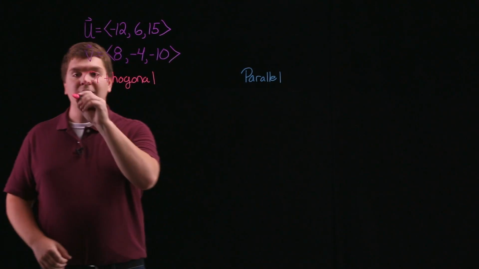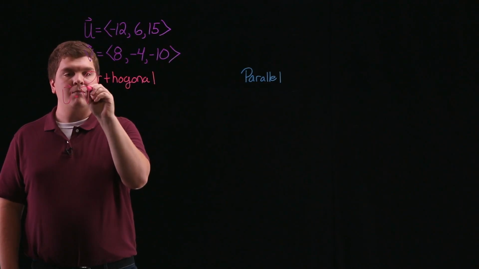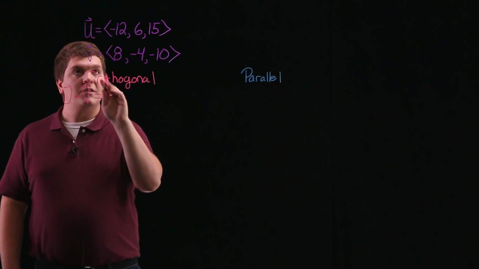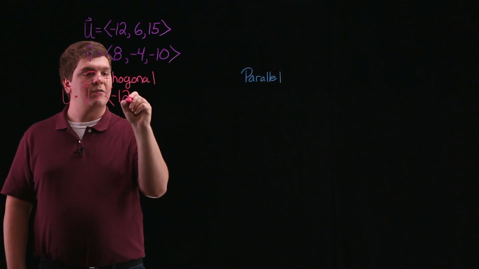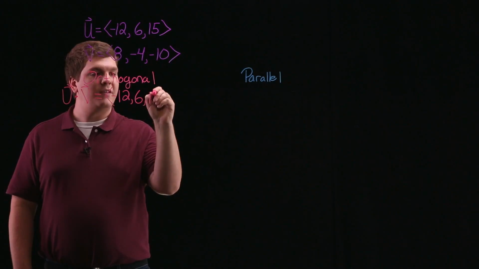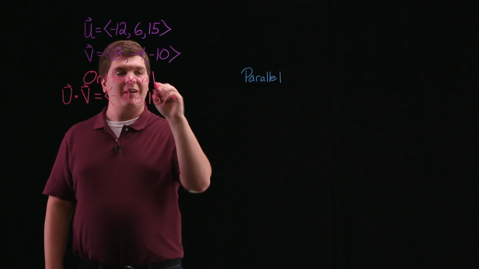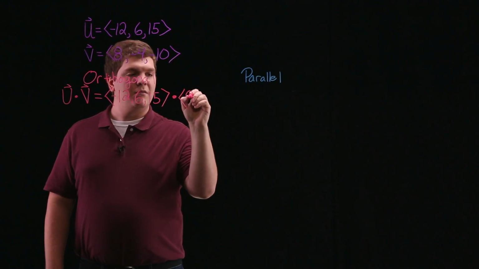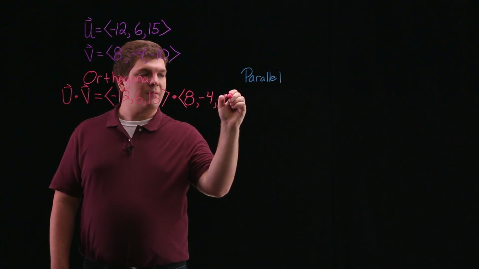So let's find the dot product of u with v. This is our vector u, which is -12, 6, 15. And we're dotting this with our vector v, which is 8, -4, -10.